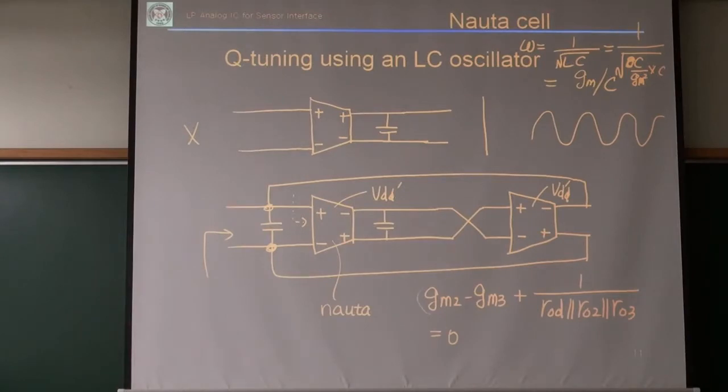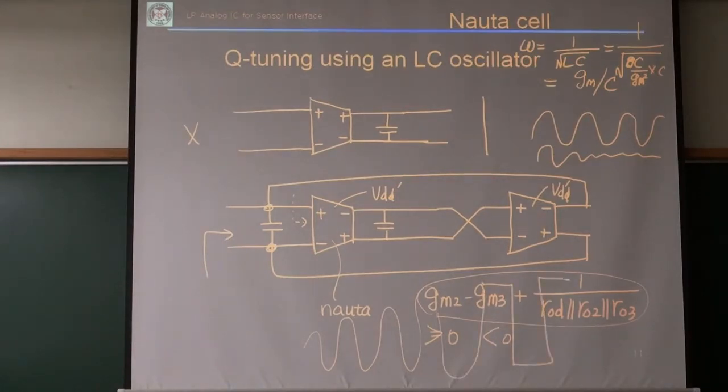If this thing becomes positive, then oscillation will die out, right? If this thing is negative, oscillation will grow with time, right? And then it will saturate at the supply voltage.